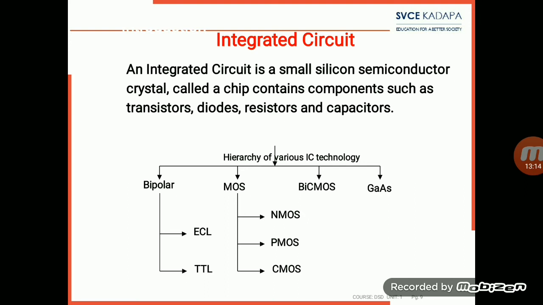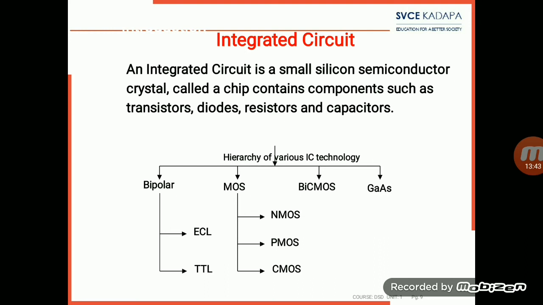After some years, MOS technology came into the picture and dominated the design of digital circuits: NMOS, PMOS and CMOS. CMOS is the most effective way to design digital systems in general applications. Next, you can go for BiCMOS. BiCMOS is nothing but a combination of bipolar and CMOS technology that produces a new technology called BiCMOS.